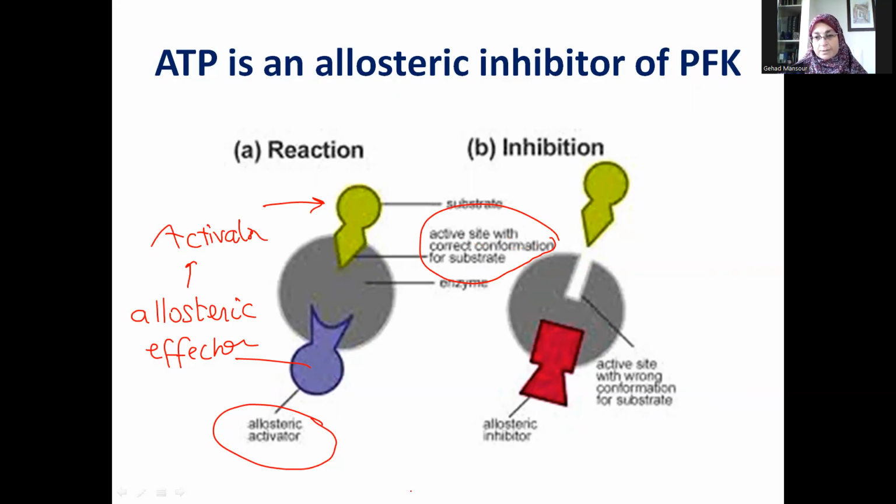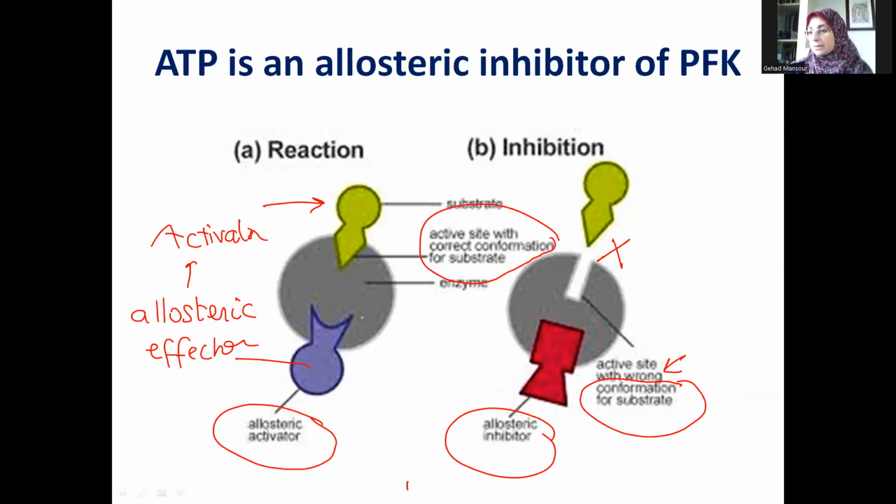But if the binding of the molecule here resulted in a conformational change that is a wrong or incorrect one, just because the substrate is now no more capable of binding with the active site, then it would be an allosteric inhibitor. And of course, the best example here would be ATP, that is an allosteric inhibitor of phosphofructokinase.